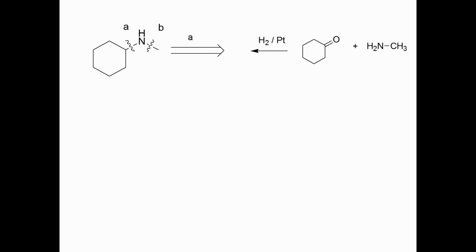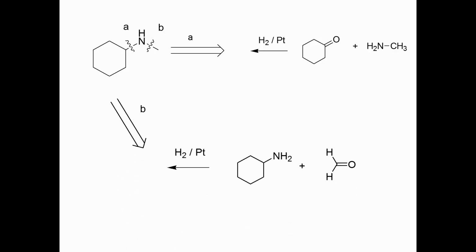B requires a 1-carbon carbonyl group, and that's formaldehyde, shown here. And then it requires everything to the left of that slash mark for B as the nitrogen-containing component. So cyclohexylamine and formaldehyde condense in the presence of a reducing agent to produce the compound shown there.